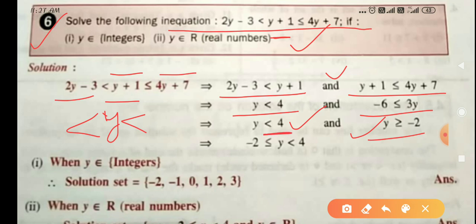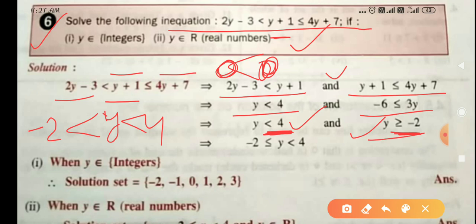This 4 is facing the open face, so you write 4 here. And the number which is facing this corner, you write to the left. Minus 2 is facing this corner, so you write minus 2 here.